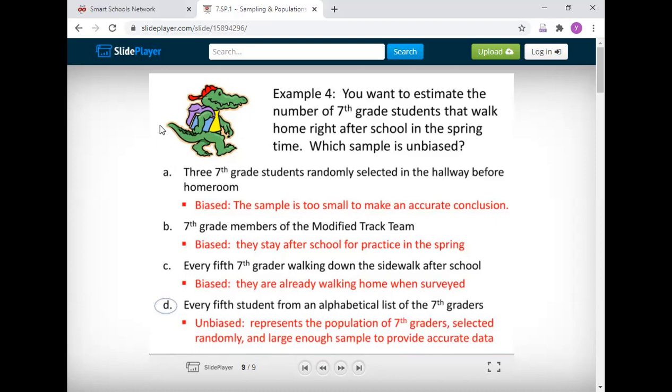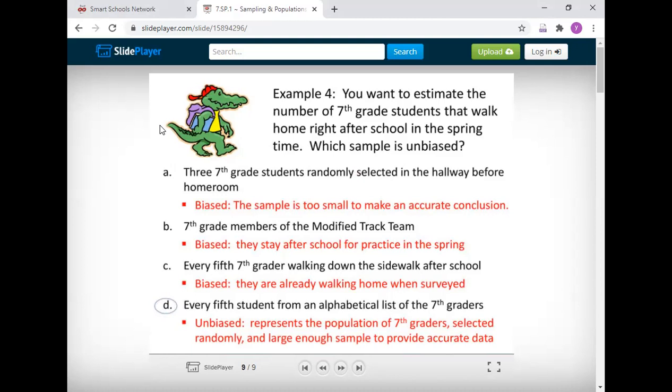Sure, it's biased because the sample is too small. You want to talk about 7th grade students and you asked only 3 of them. So this one will be biased because the sample is too small to make an accurate conclusion. Choice B. 7th grade members on the track team. Biased. They stay after school for practice in the spring.